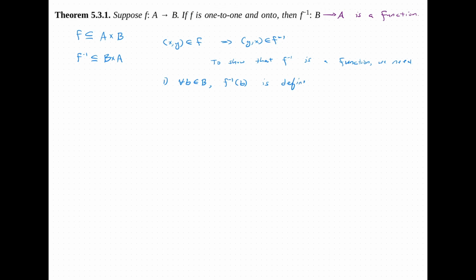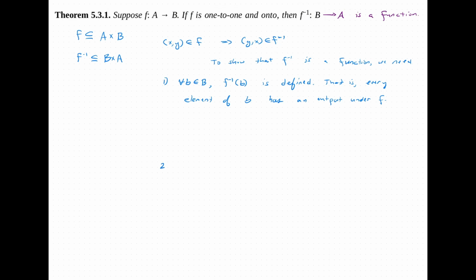So that means that every input in B has an output, every element of B has an output under f inverse. So that's the first thing.